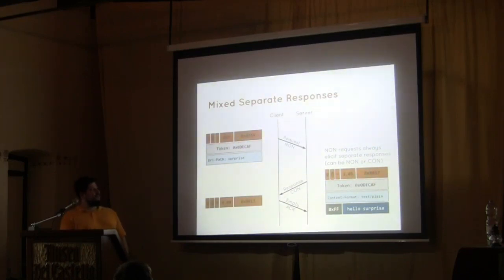You can mix those, and you still have a request-response pair. The point is, you have to be ready for this: if you send a NON request, you may not expect that the response will also be in a NON message. You must be prepared for CONs, and you have to answer with ACK as well.